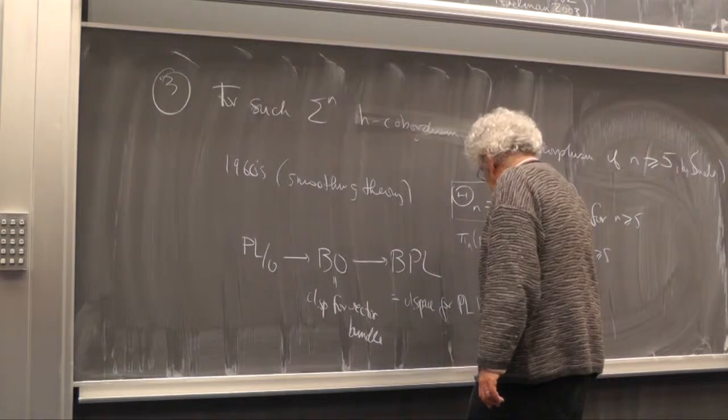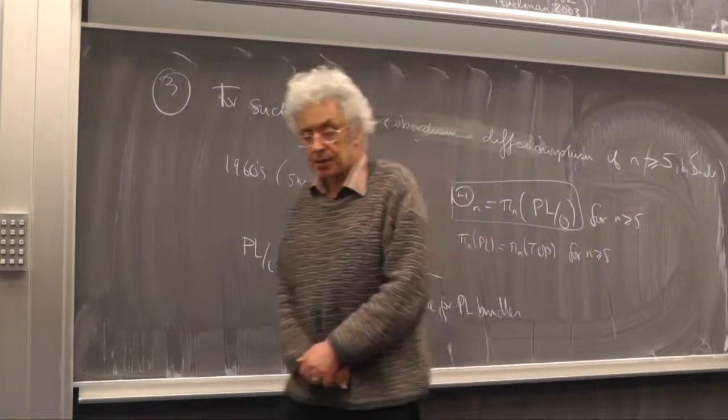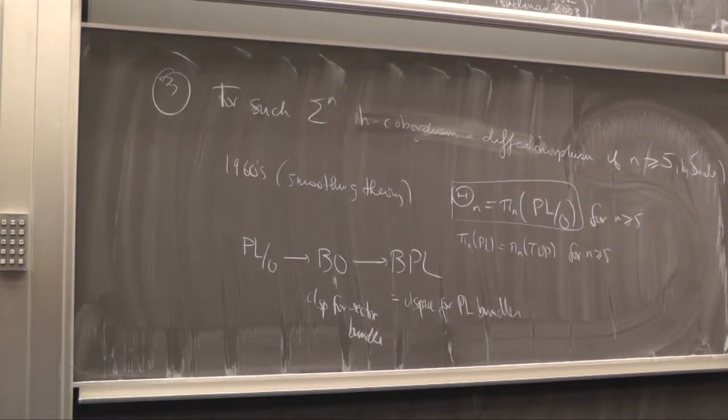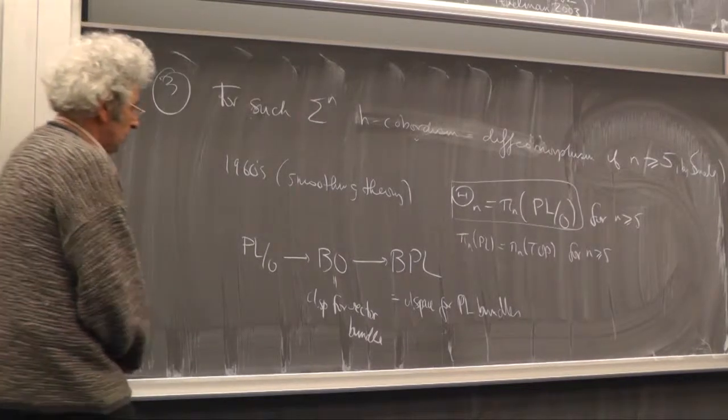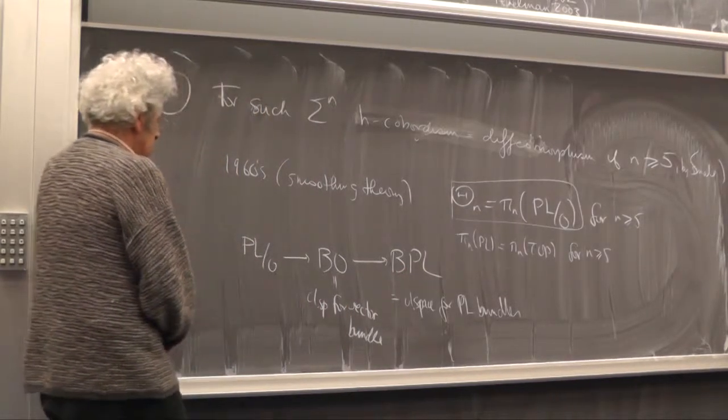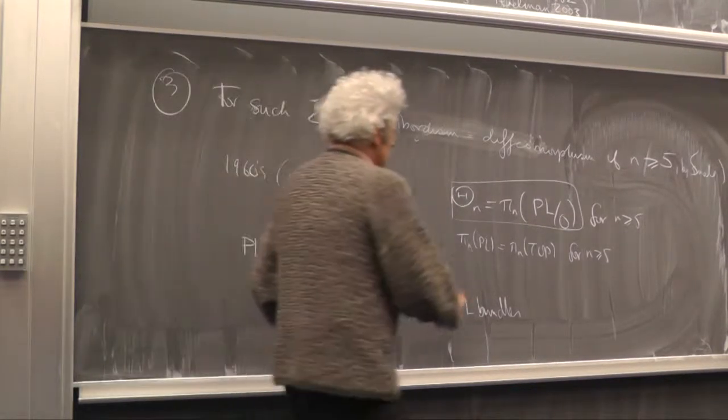We had lots of explanations here last November from Kirby about the difference between PL bundles, topological bundles, micro bundles, and vector spaces. But the essential difference today is between BO and BPL. And it's very important that these groups are finite.